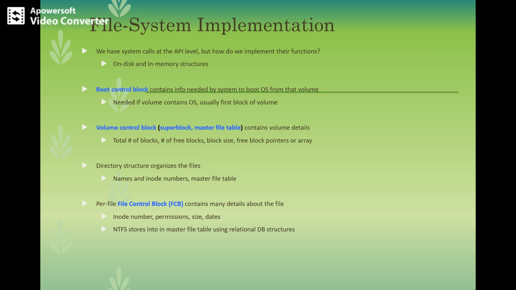So on disk, the file system will contain information about how to boot an operating system. It will contain information about how to boot an operating system, the total number of blocks, the number and location of the free blocks, the directory structure, and the individual files.